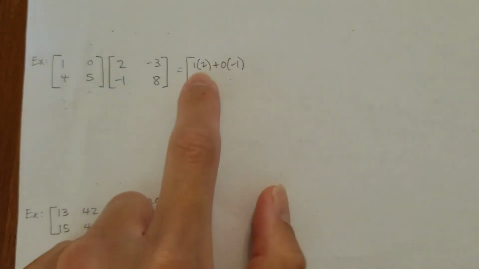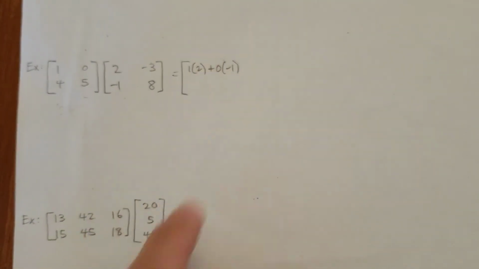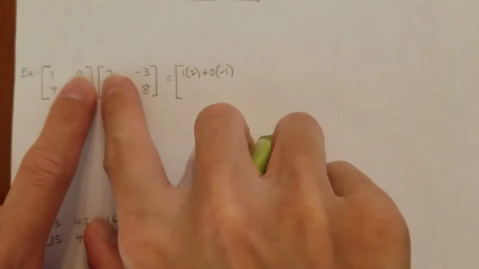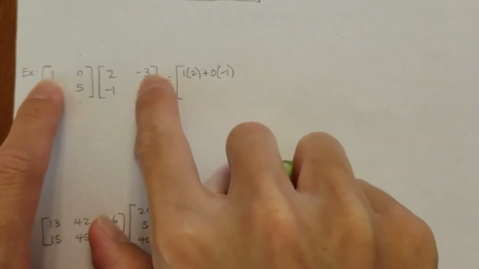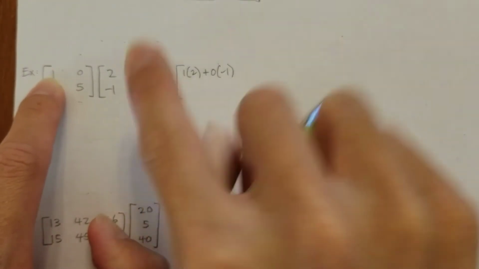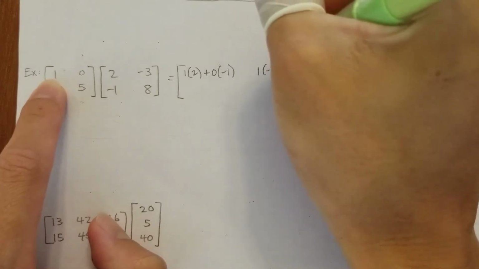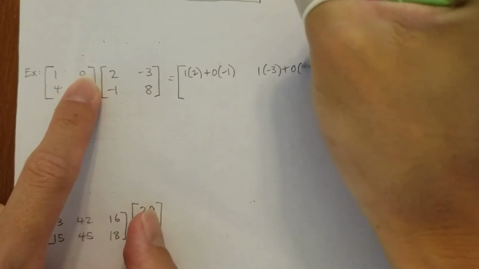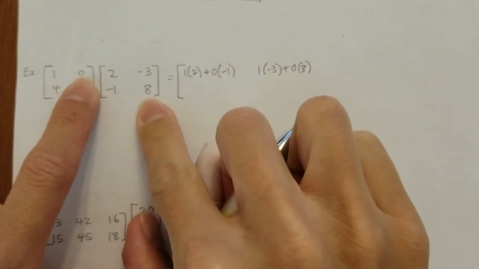That's what goes in the top left-hand corner. You'd have to evaluate this, and that would be your answer. So next one. I'm going to do this corner here. So 1 times -3, plus 0 times 8. Okay?